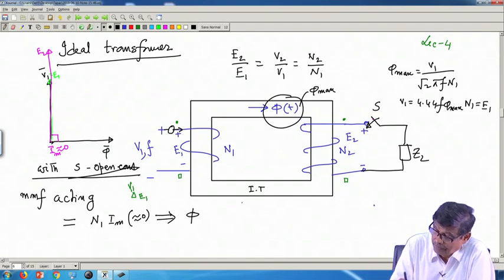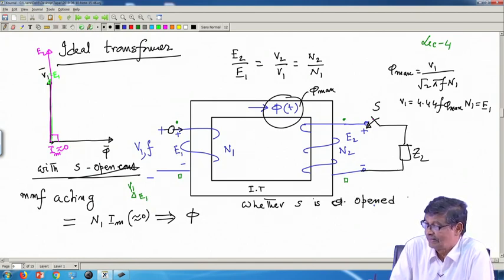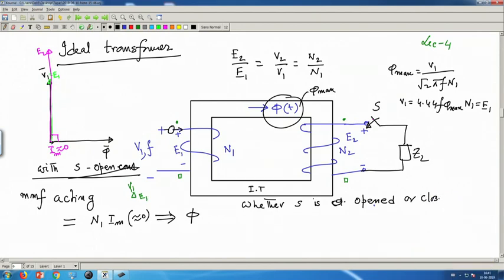Therefore, I will write: whether S is opened or closed, phi, that is core flux, will not change, cannot change.